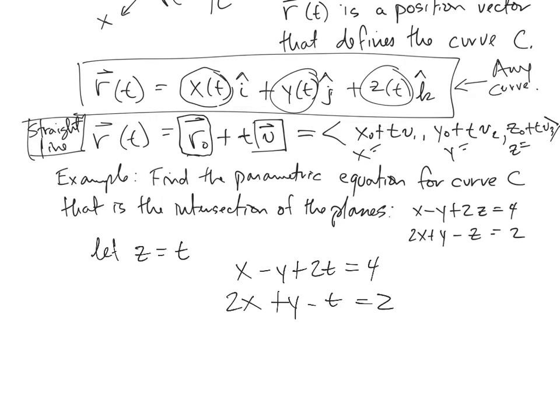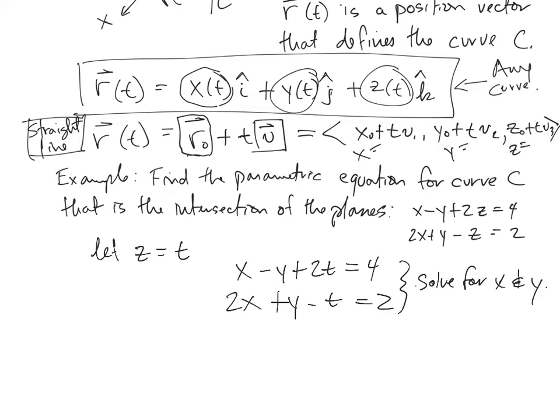We don't need to solve for it. But remember, what I want is to figure out what is z as a function of t, what is x as a function of t, what is y as a function of t. We've already said we're going to let z equal t. Now I've got two equations, two unknowns. Just solve for x and y.